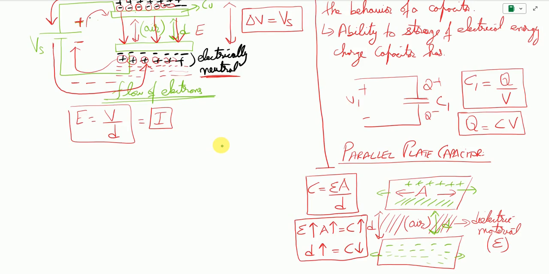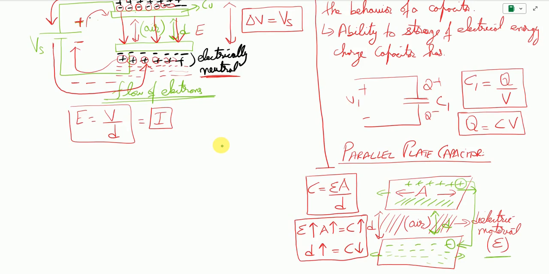That means the movement from positive to negative ion will take more time, thus the capacitance will decrease. On the other hand, for the permittivity, which is the dielectric material, the higher the value of permittivity, the more the capacitance, because permittivity is going to force the electric fields to have more elements.